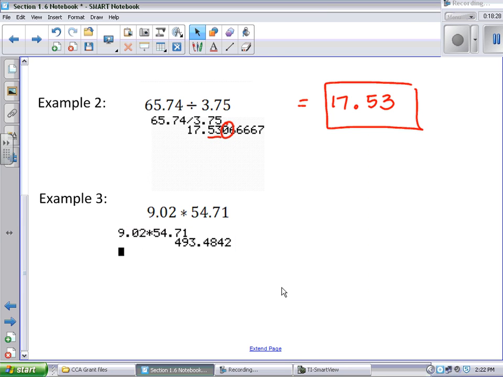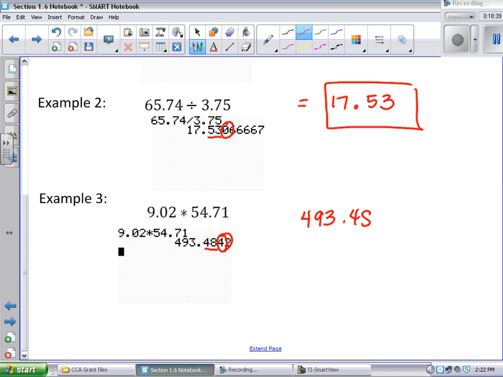We get our answer, and to round, keeping 2 decimal places, we look at the third one, a 4. That means we're rounding down. 493.48. And there's our final answer. You are now ready to go and do the homework for section 1.6, and we'll see you in a little bit.